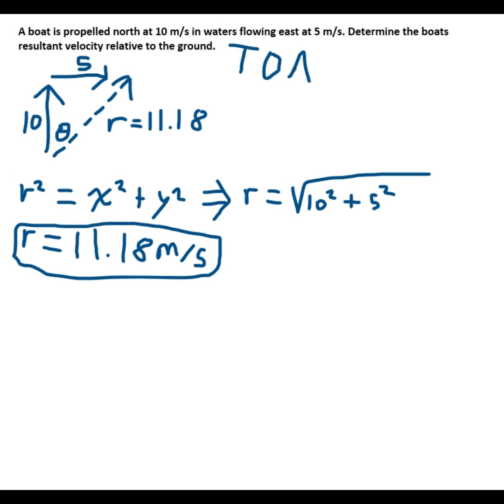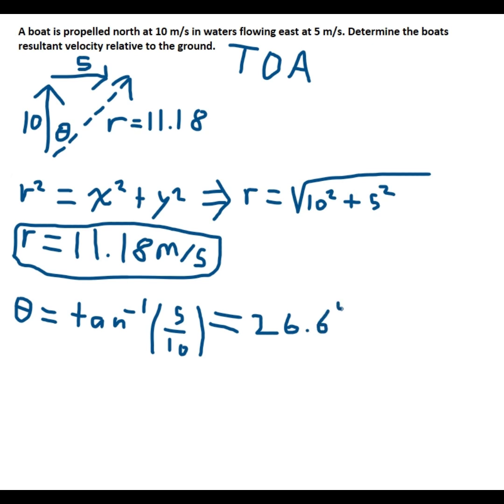In this case, we'll use the tangent because we are given the opposite and the adjacent components. This means to calculate the angle theta, we can use the inverse tangent of the opposite component divided by the adjacent. And this is equal to about 26.6 degrees. And we see it is in the east of north direction, so we should specify that.